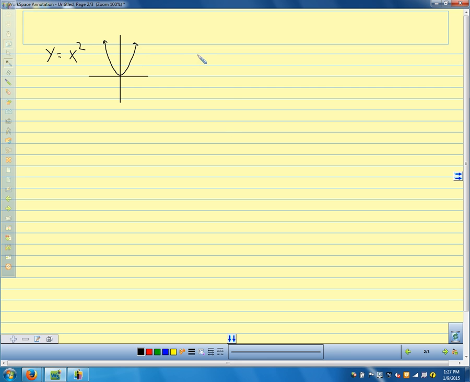And y equals negative x squared. Same thing, but it opens down. So our graph is going to keep going down like so, and it doesn't turn around again.